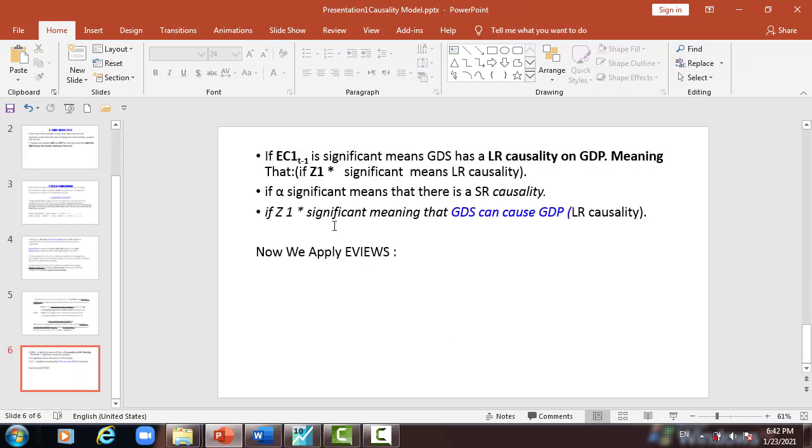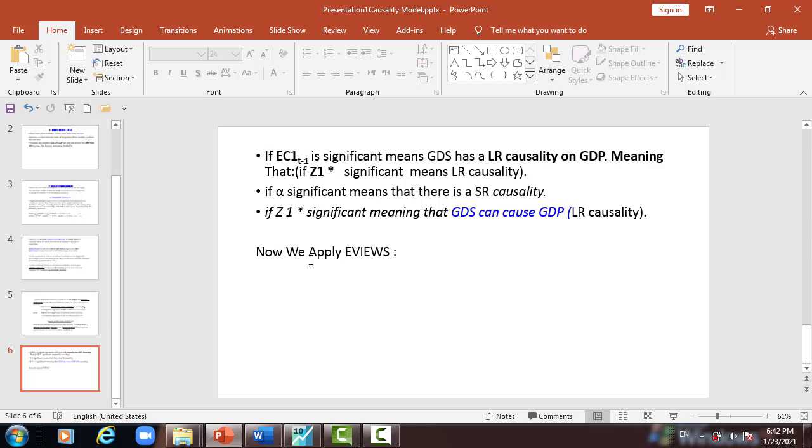Now if the error correction term EC1 t minus 1 in equation 1 is significant, it means that GDS has a long-run causality on GDP. If Z star is significant, it means long-run causality. If A is significant, it means there is a short run.